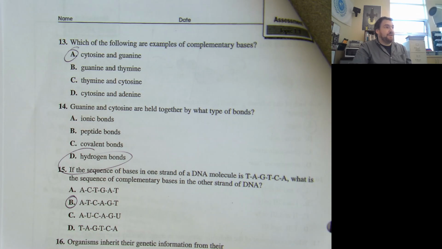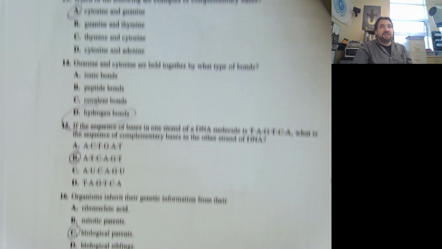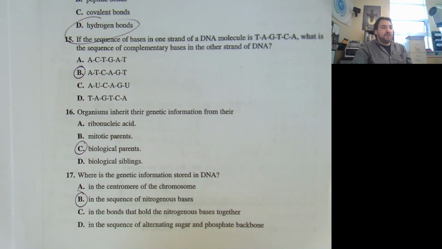If you didn't, I've done something horribly wrong over the last several days. 16 is C. Your biological parents is where you get your genetic information from. 17 is B. Where is the genetic information stored? It's stored in the sequence of nitrogenous bases.